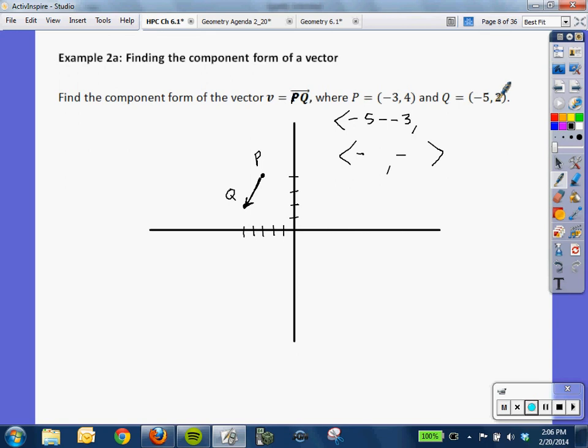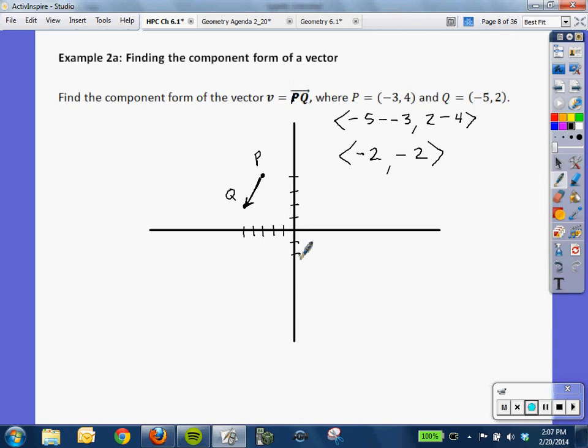And we take the terminal y value and subtract the initial y value. So we have a -5 plus 3, which gives us a -2, and then we have a 2 minus 4, which gives us a -2. So the component form of this vector is -2, -2.